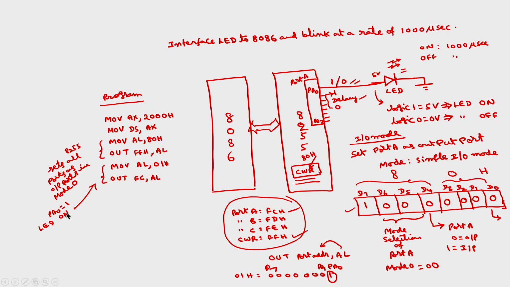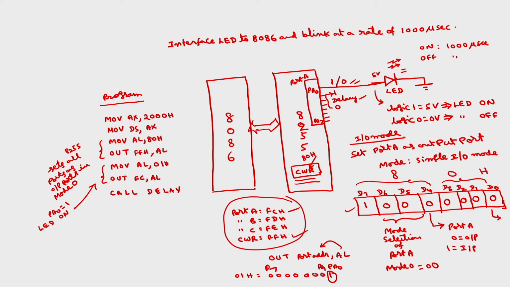With these 2 instructions we can turn on the LED. Then I have to call the delay program. I will discuss how to write the delay program after this program. The rate at which you want to blink this LED, you can set using that delay subroutine.